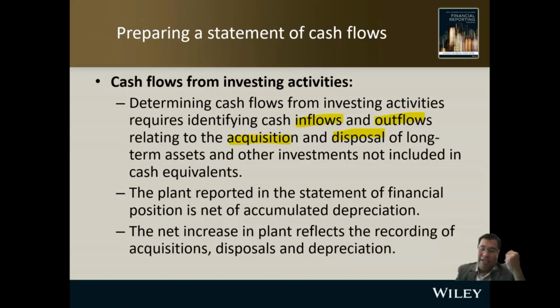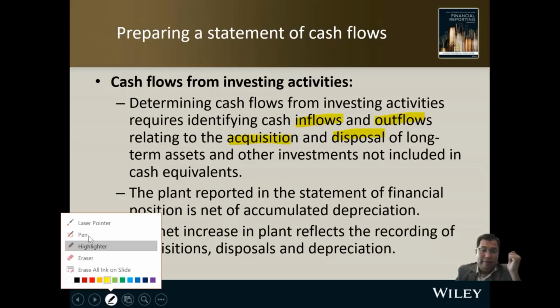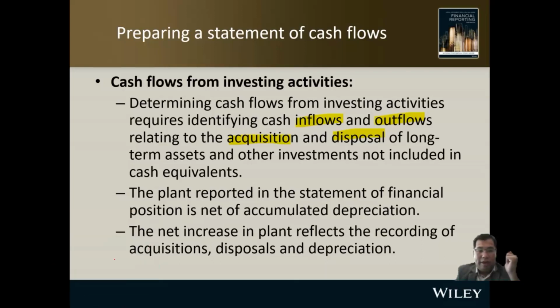Previously, you have assets, maybe plant. The value of your plant in year 2020 is 100,000. This is the net amount, after deducting the accumulated depreciation. However, in this year, 2021, when you check your account, your plant is 130,000. What does it mean? This is the net amount.